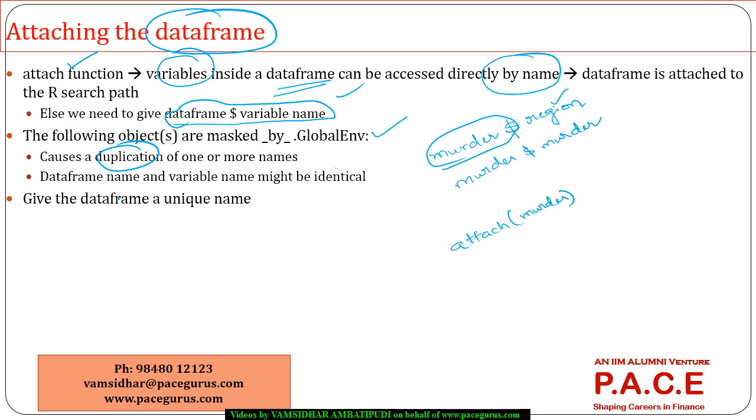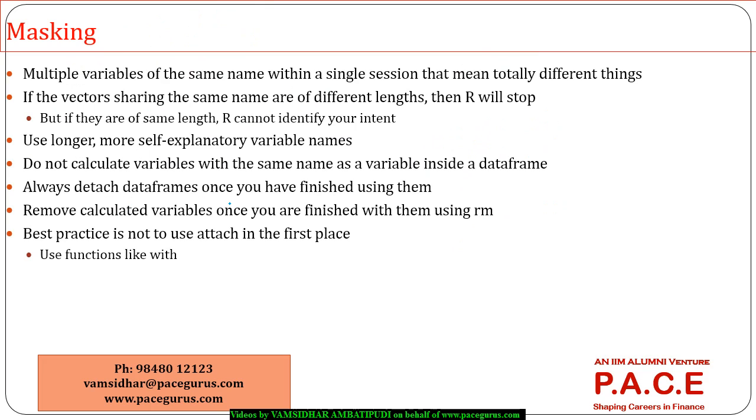So one of the suggestions is to give a unique name to the data frame. Let it not overlap with the names of the variables within a data frame. Generally we suggest not to attach a data frame, but if at all it is required, give some kind of unique name.